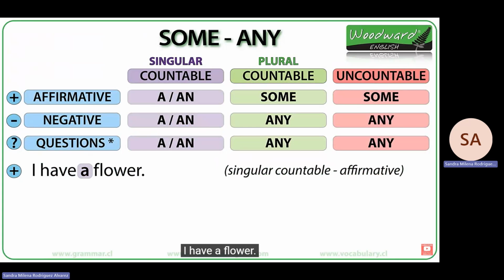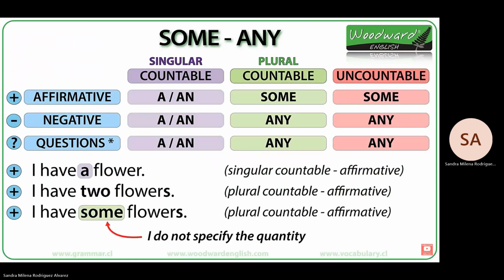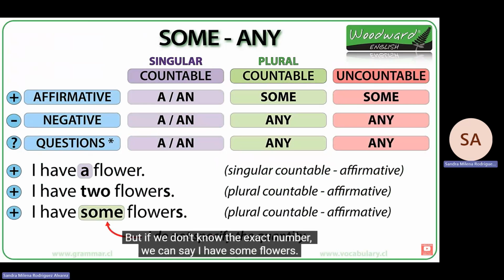I have a flower. The next one, I have two flowers. Flowers is a plural countable noun. Since flower is a countable noun, we can use a number before it. I have two flowers. But if we don't know the exact number, we can say, I have some flowers.